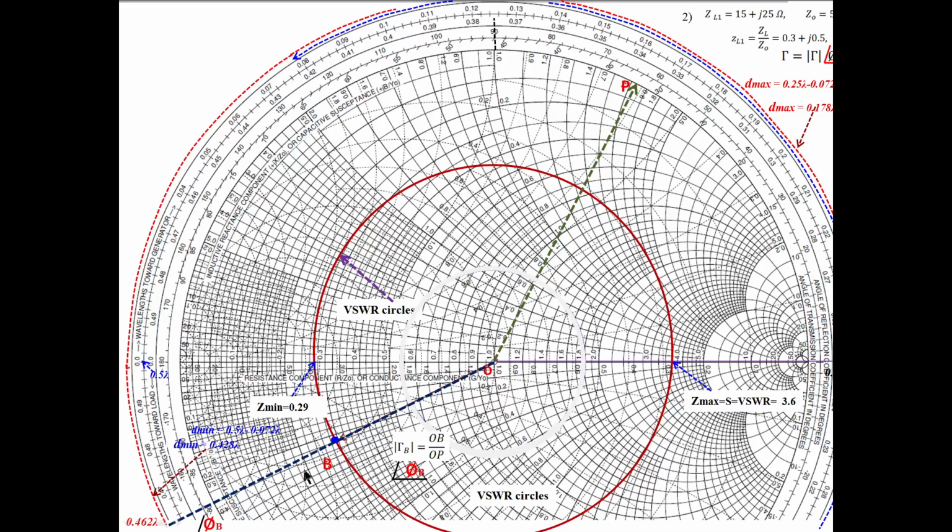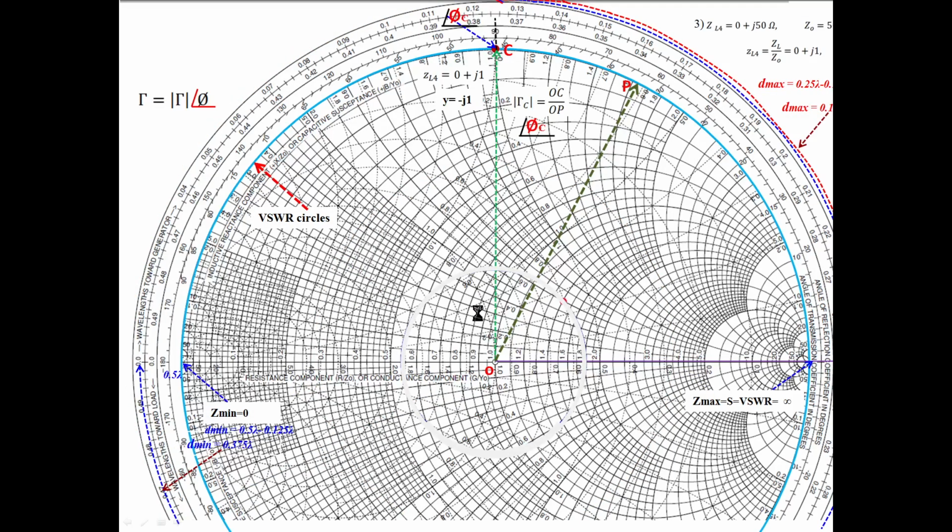What is the distance from here to here? You measure the distance. Draw a line from here, passing through here. Read the wavelength scale here and the wavelength value here. Take the difference. That gives the minima distance. Understood? If the load is in the lower part, we always come across first minima, then maxima.